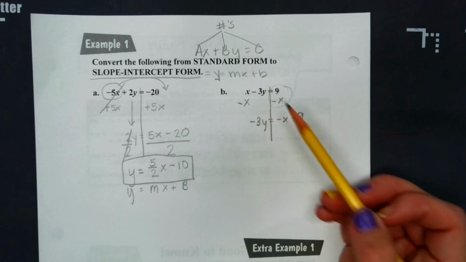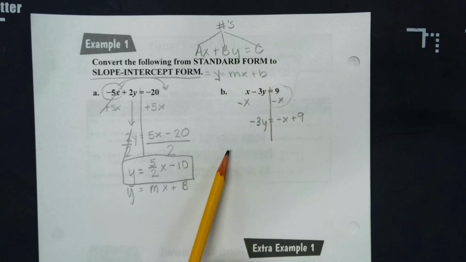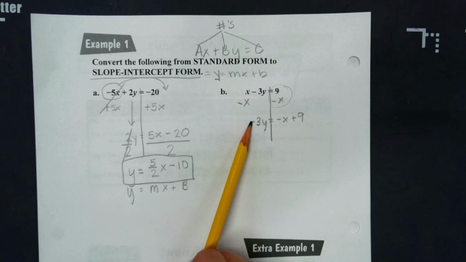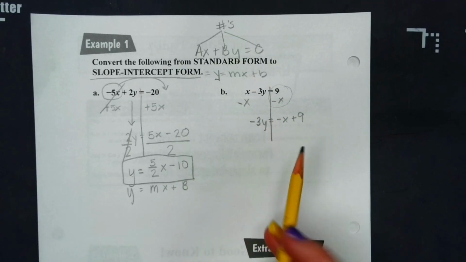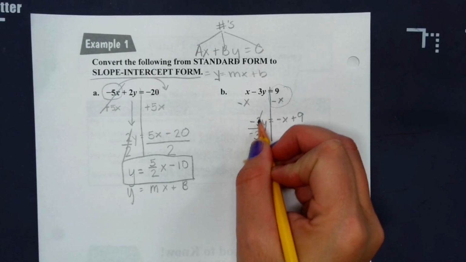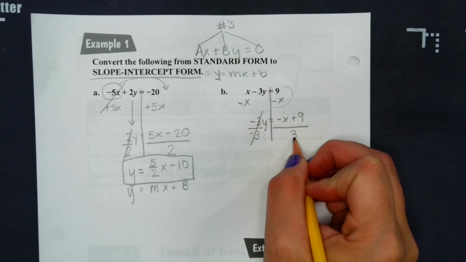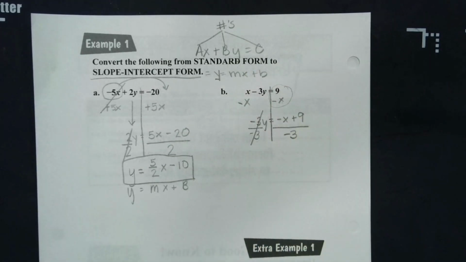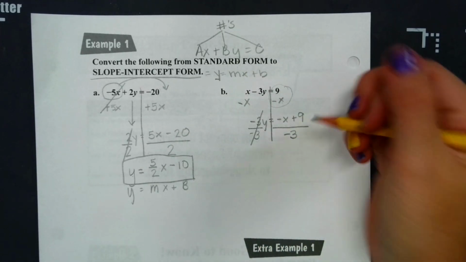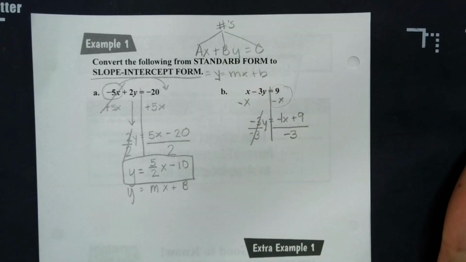This is not. So I just create it into an equation. This says negative 3 times y. So I'm going to divide by negative 3. Whatever I do to one side, I do to the other. Now, you have to remember, in front of this x, there's an invisible 1 that we never have to write.